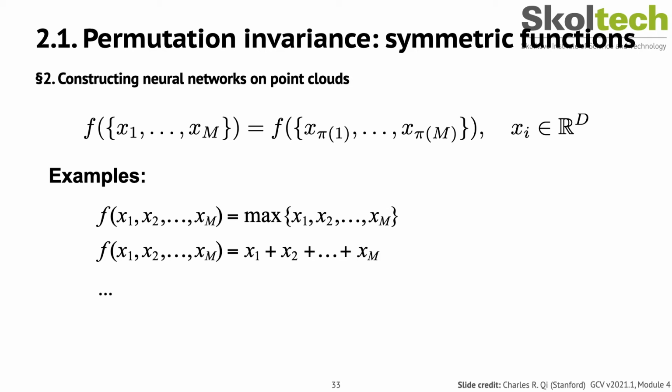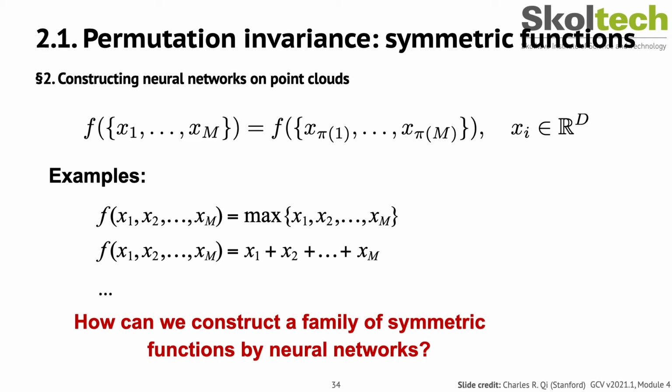Many functions are symmetric. Two obvious examples are the max operation and summation. Then the question becomes, how can we construct a family of symmetric functions by neural networks?